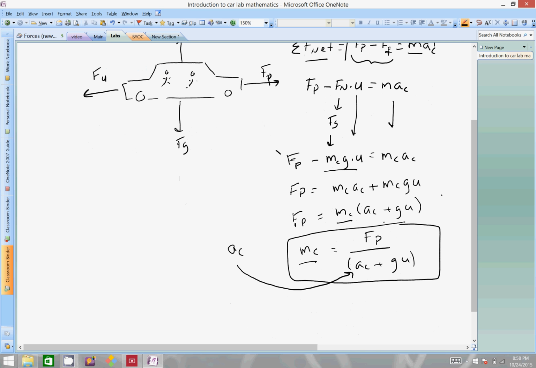Force applied by people. Let's say, for example, we have the back end of this car, and we have a few students pushing on it. On the force plate, which happens to be a bathroom scale, it's measured in pounds. Let's say we push it and we want to attempt 30 pounds of pressure.